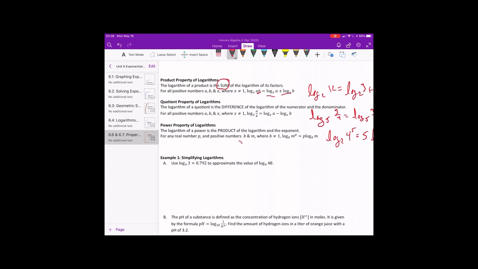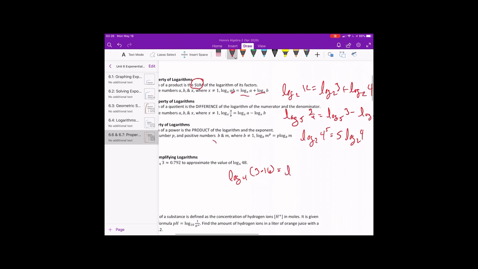Okay? And so let's see how these properties get used in the next couple of examples. Use log base 4 of 3 being 0.792 to approximate the value of log base 4 of 48. Well, if I know that 3 is this, right? So 0.792. And 48, right? So I can rewrite this problem as log base 4 of 3 times 16. And so that will rewrite as log base 4 of 3 plus log base 4 of 16.